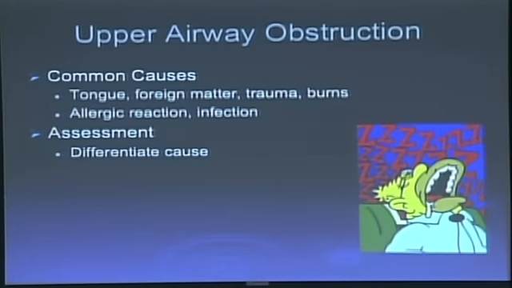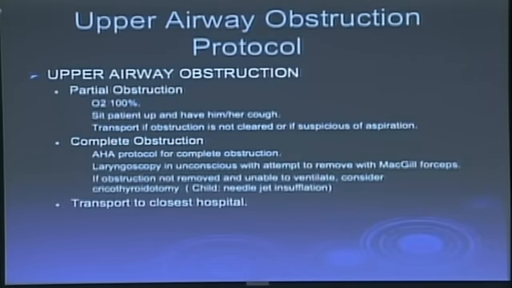Straightforward stuff. Upper airway obstruction, common causes. The tongue, of course, is your number one enemy in the unconscious person. Then there's foreign matter, trauma, burns, allergic reactions, reactions to things like ACE inhibitors, etc. Your assessment: differentiate the cause, treat the underlying cause.